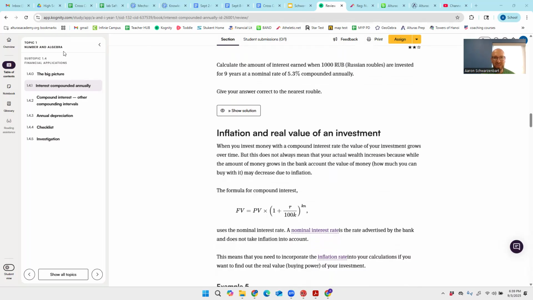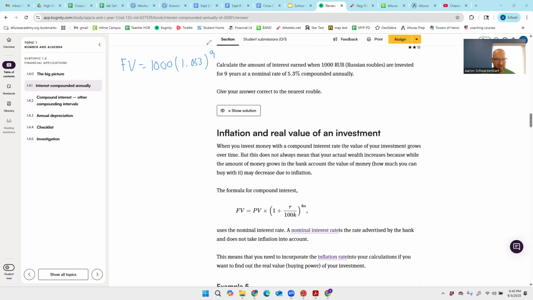If I want to know the amount of interest, I'm going to involve a slight difference, but we're going to calculate the future value, and then we'll subtract the original value. 1.05 to the 9. Again, I'm just adding the rate to 1. I use my calculator.